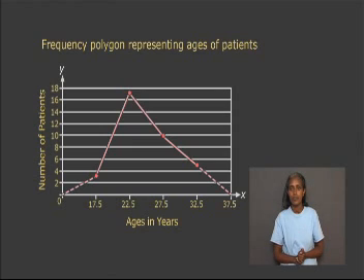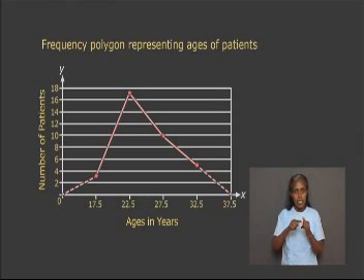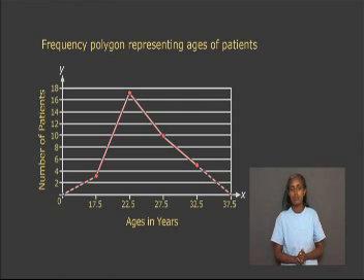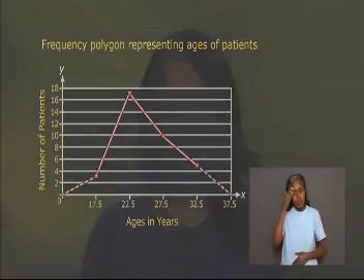It is important to note that dotted lines are drawn at both ends of the graph in order to close the polygon. These lines are dotted to show that they are not part of the data.